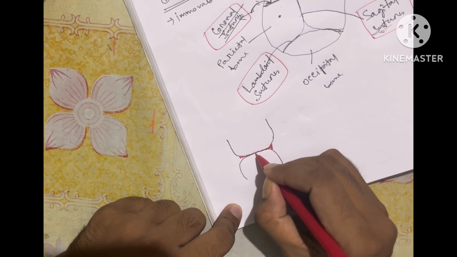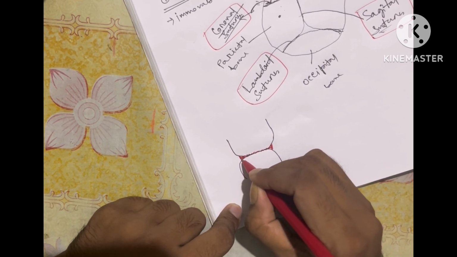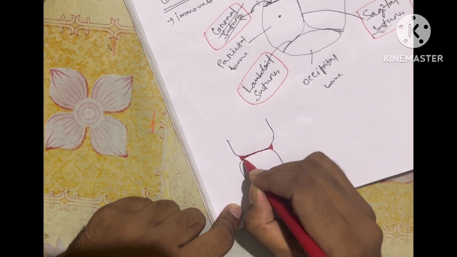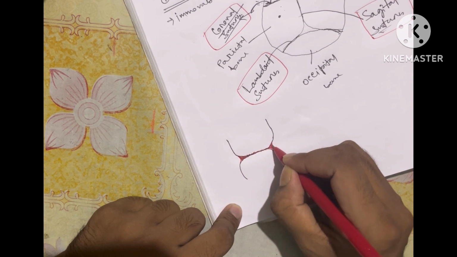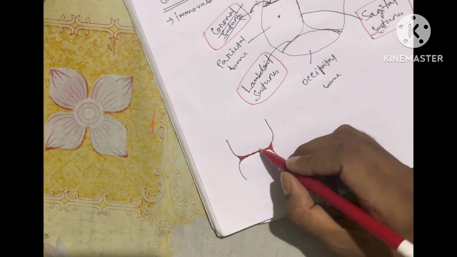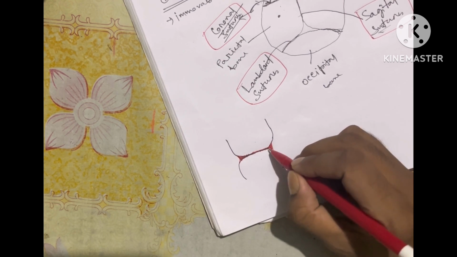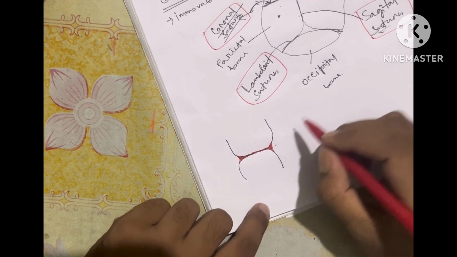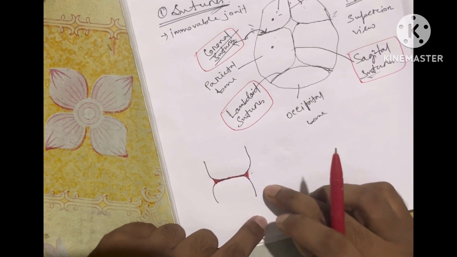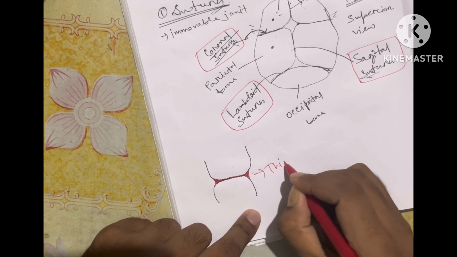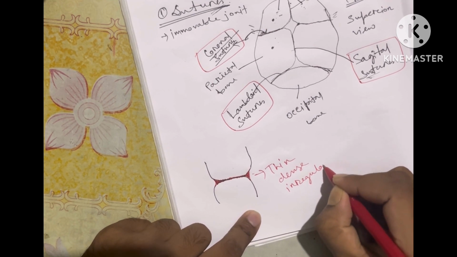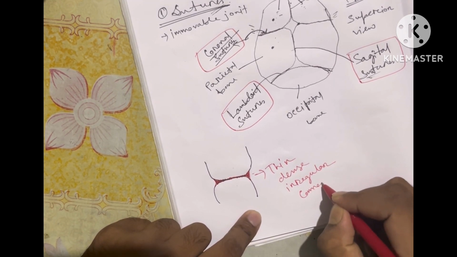As our age increases, these bones become completely fused, but they leave a little prominent line so that we can distinguish the bones. These sutures are connected by dense irregular connective tissue, but in the case of sutures it is a very thin dense irregular connective tissue.